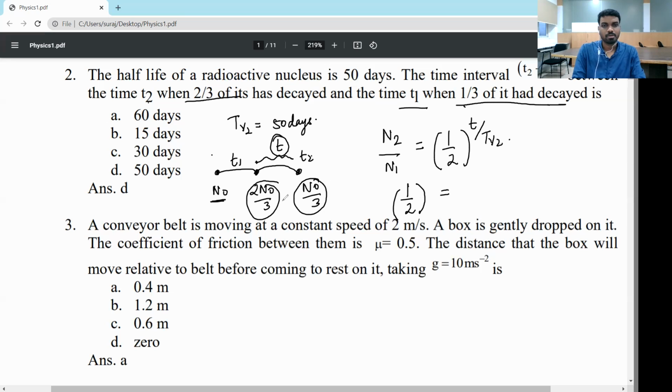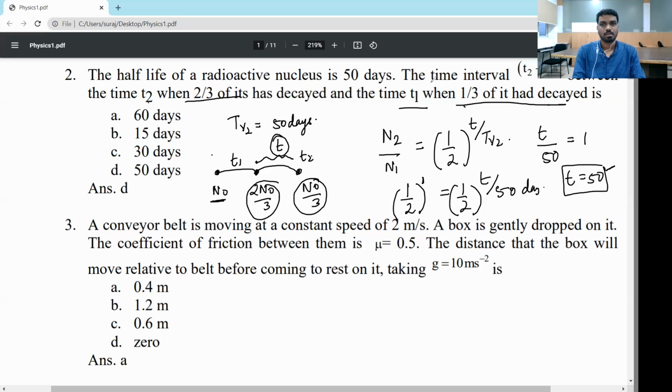N0 cancels, 3 also cancels, so 1/2 power T by T half. T half is given as 50 days. The right side is power 1. So T by 50 equals 1. T will be equal to 50.